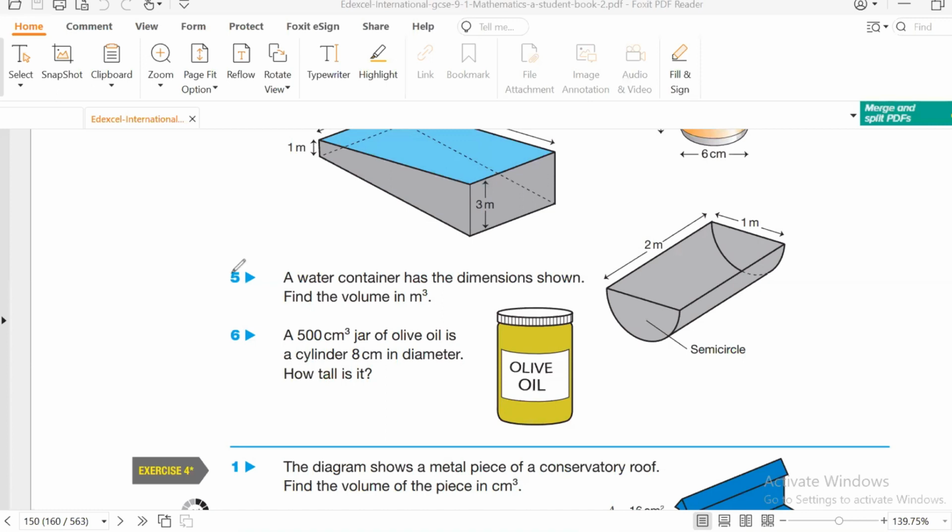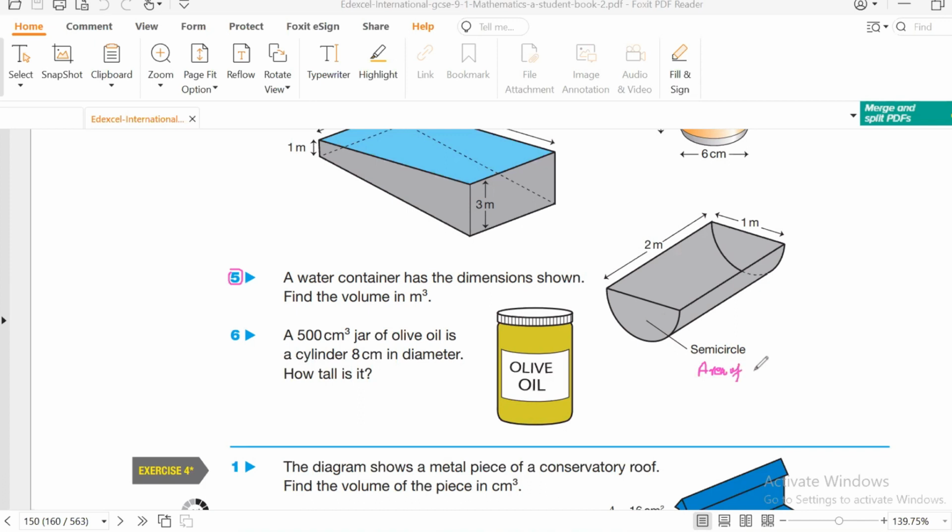Next question is 5. A water container has the dimensions shown. Find the volume in meter cube. So we have a semicircle as the cross-sectional area, and how do we find the area of a semicircle?